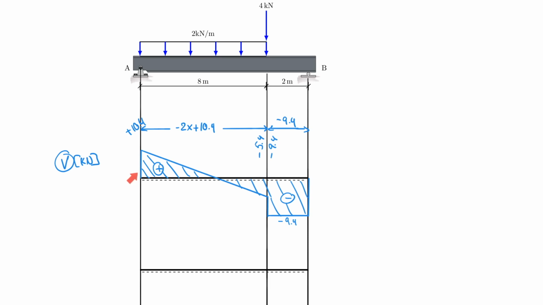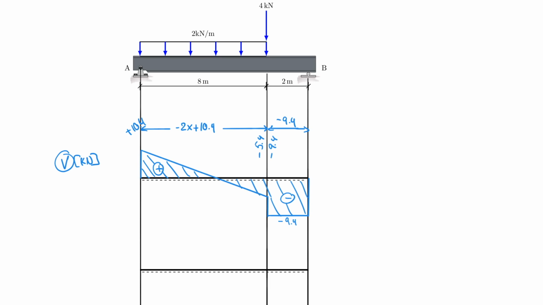You have a support reaction of 10.4 here that is reduced by 2 kilonewtons for every meter you go to the right. If you go to the right over 8 meters with 2 kilonewtons per meter, starting from 10.4, then of course you end up at minus 5.4, which is verified by this equation. So we can use these equations as a fail-safe method to find the value everywhere along x.